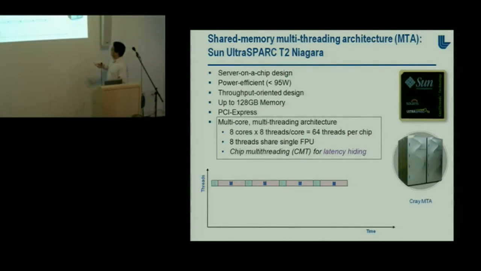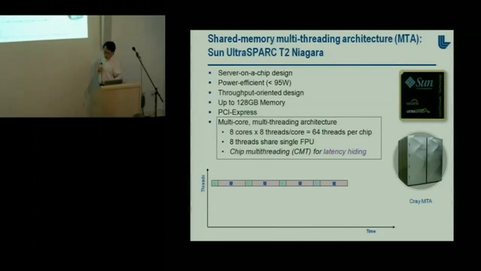With a single thread, you have computation, then you wait for the memory, computation, and you wait for the memory. In traditional architectures, they try to reduce this memory latency by improving cache utilization. In this architecture, they accept that there will be memory delays.